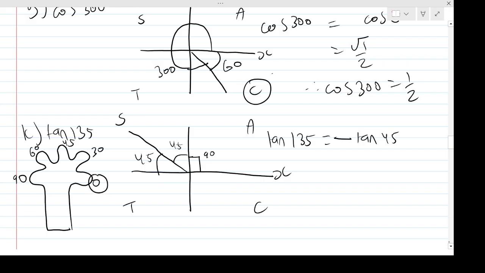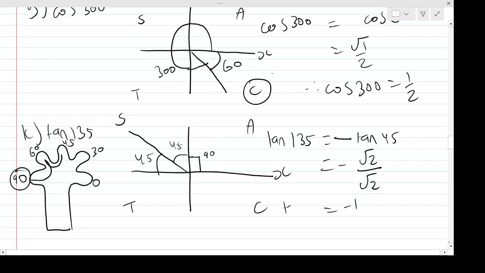We start at 0 for sine, so that'd be 2 fingers to get to 45. That'd be root 2 for the sine. For the cos part, we start at 90 and get to 45, so that'd be 2 fingers as well. That'd be root 2 from the cos. That cancels, so we just get 1. So therefore tan 135 is minus 1.